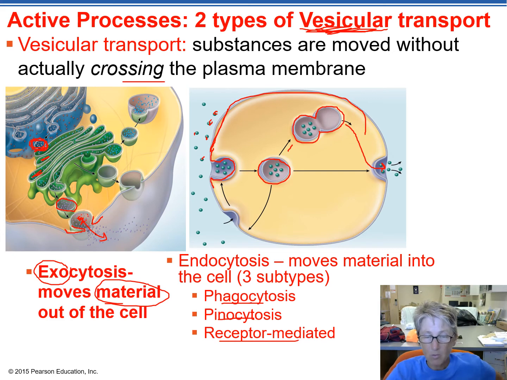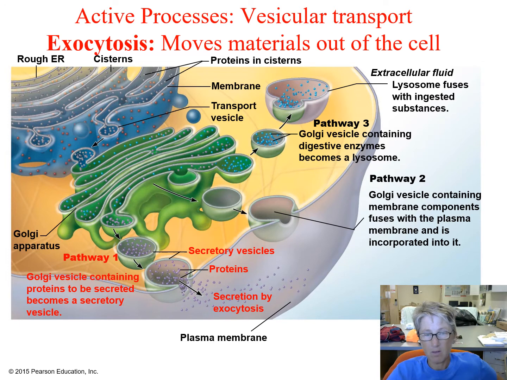Phagocytosis is really important in the immune system, so you'll see that when you study the immune system in 202 and 205 and 218. Pinocytosis, we don't talk a lot about that. Receptor-mediated endocytosis is really important in understanding how cells receive a signal on the outside and transfer that signal to the inside of the cell.